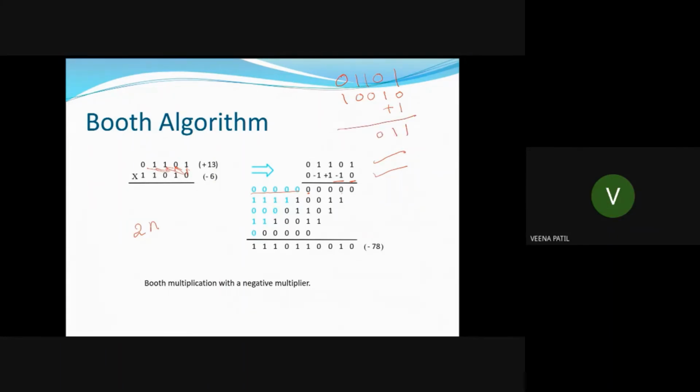So what is the value that I am going to get? I will get 1 0 0 1 1. This is 2's complement of +13. Right? So if -1 is encountered, you have to take 2's complement of multiplicand and write it.